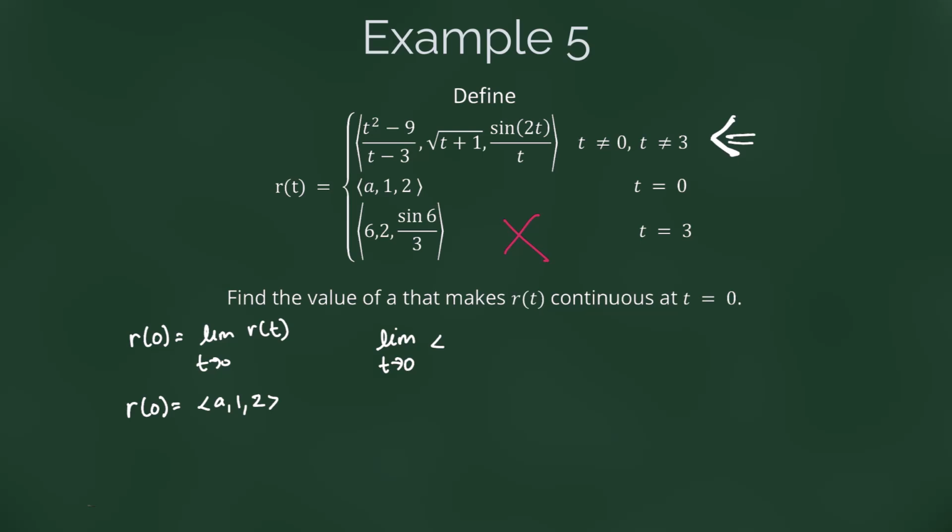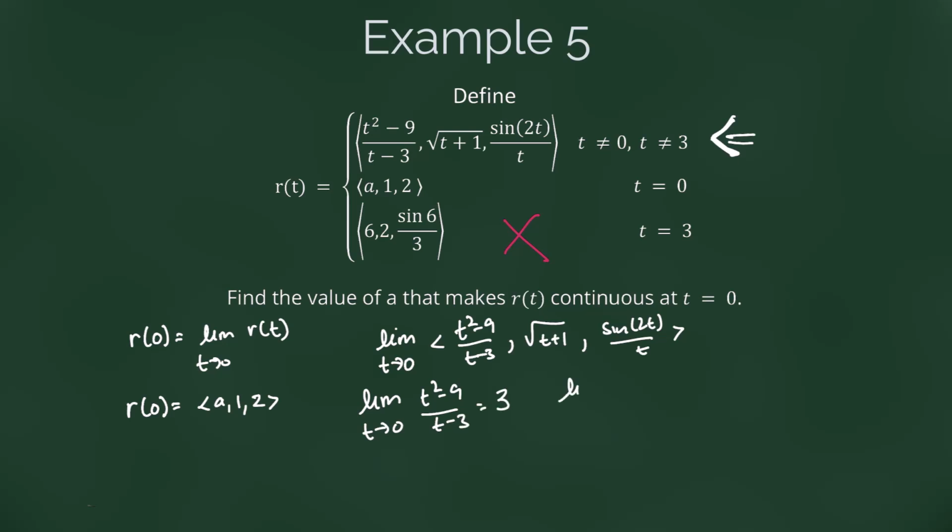And so we're going to be taking the limit as t approaches 0 of t squared minus 9 over t minus 3, the square root of t plus 1, and the sine of 2t over t. So if we take each of those limits individually, we're going to look at the limit as t approaches 0 of t squared minus 9 over t minus 3. Well, we can just plug 0 into that. We get negative 9 over negative 3, so that's 3.